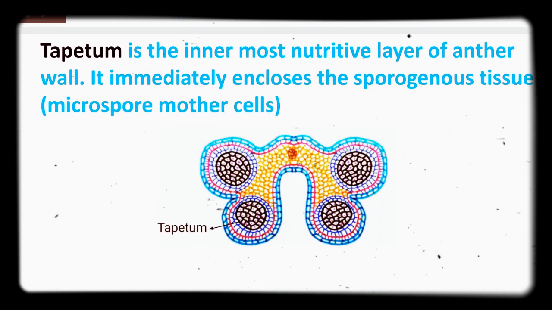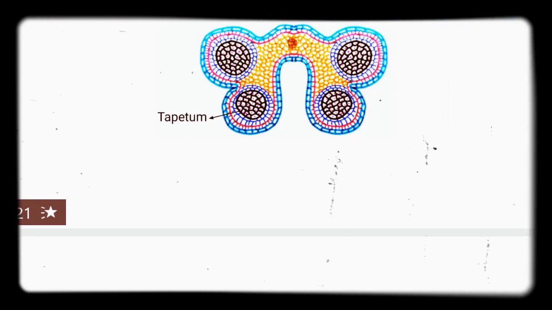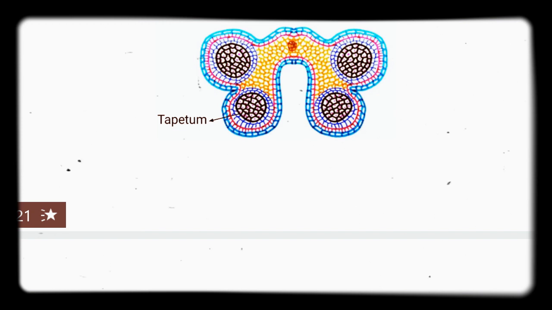Then tapetum is the innermost nutritive layer of the anther wall, and it immediately encloses the sporogenous tissue and microspore mother cells. This black colored circle is called tapetum.